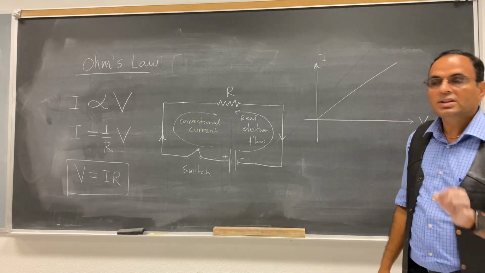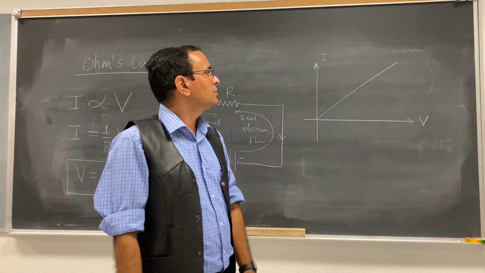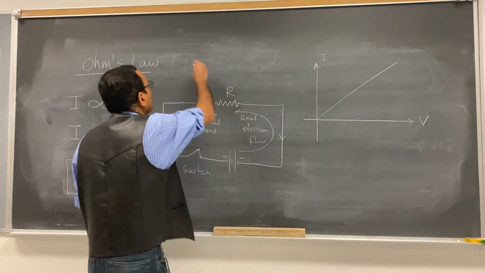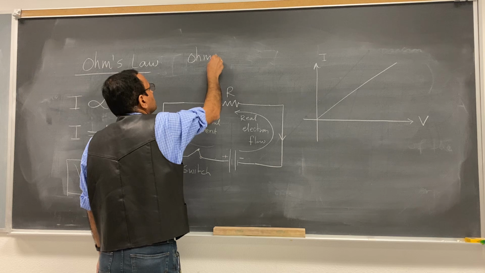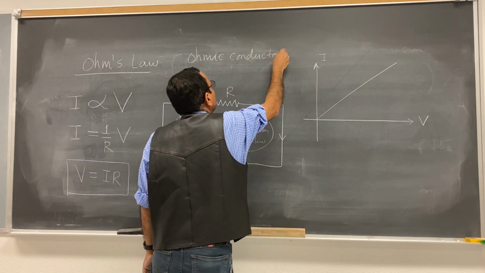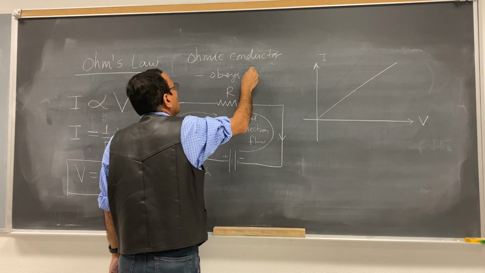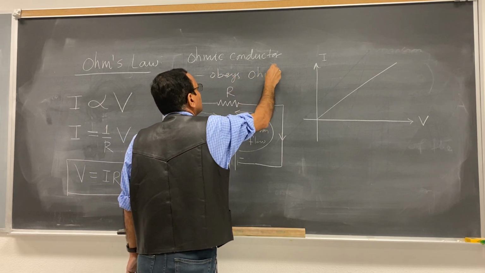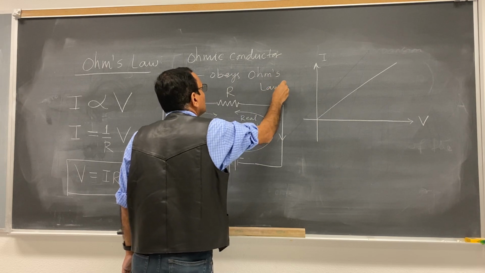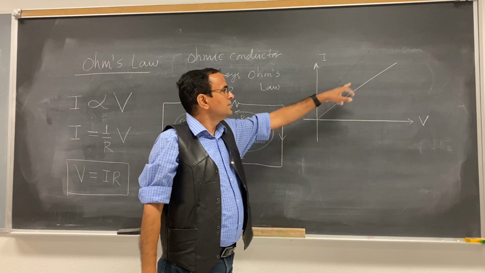The conductor that obeys Ohm's law is called an ohmic conductor. Ohmic conductor obeys Ohm's law. So if you have an ohmic conductor, you will get this kind of graph. This is a straight line.